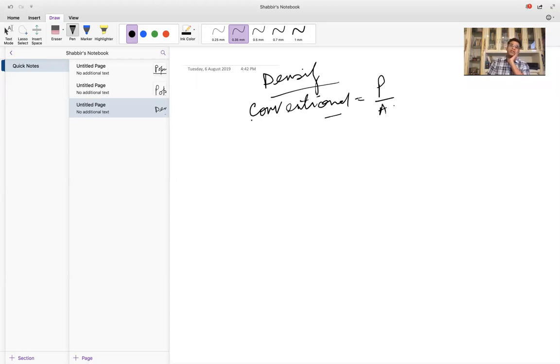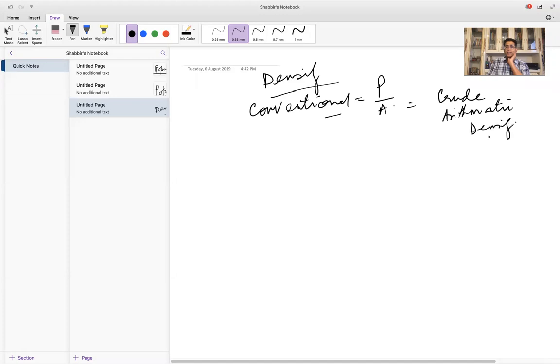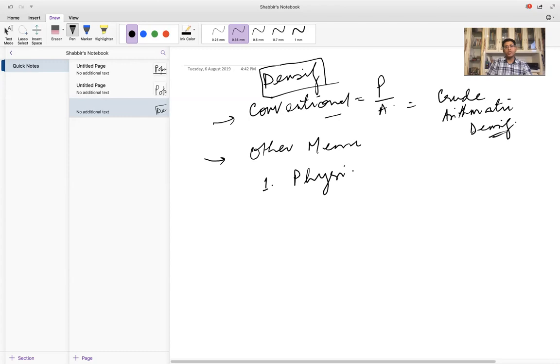This is also referred to as the crude arithmetic density. But there are other measures also. In density, there are other measures. So the two very important ones, one is what's called the physiological density.